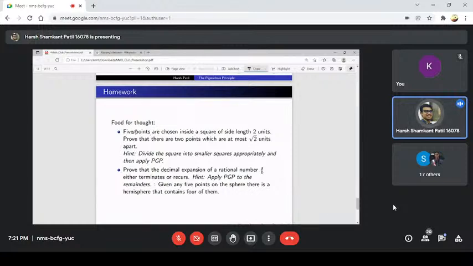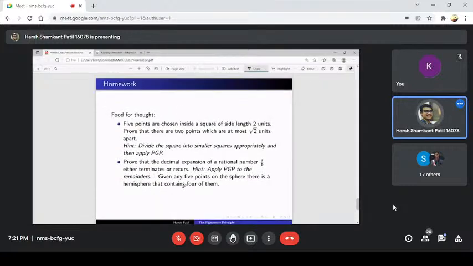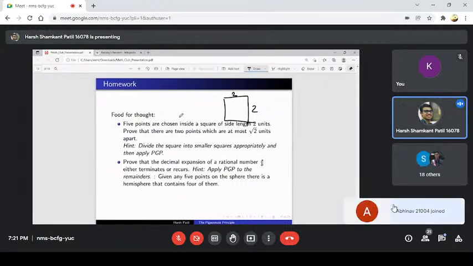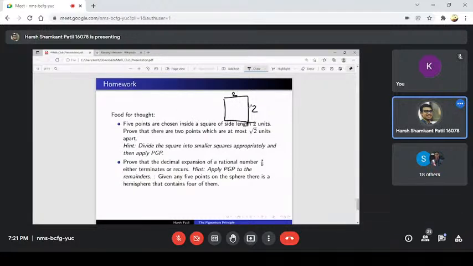The first question: you are given a square of side length 2, and if you are given 5 points inside this square, you have to show that at least 2 points are at distance at most root 2.